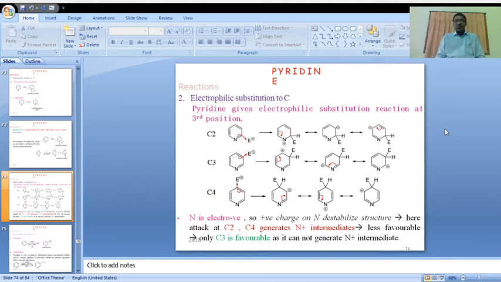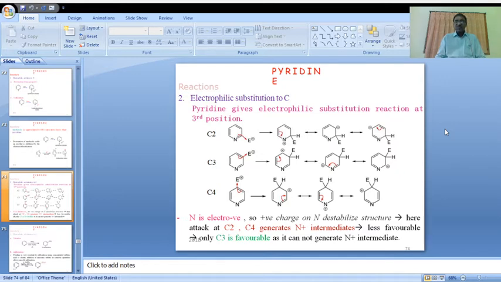Pyridine gives electrophilic substitution reaction at third position. Here we are indicating C2, C3, C4 type of substitution reactions, substitution contributing structures.